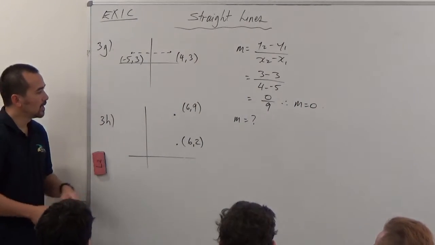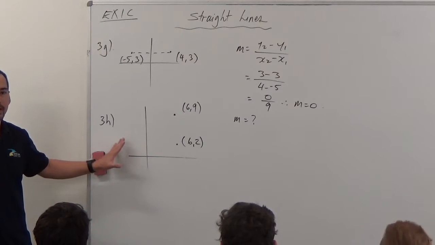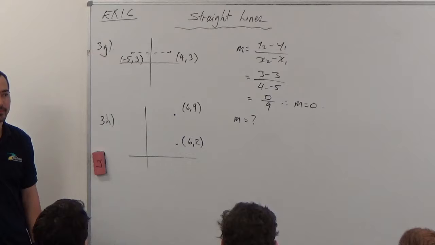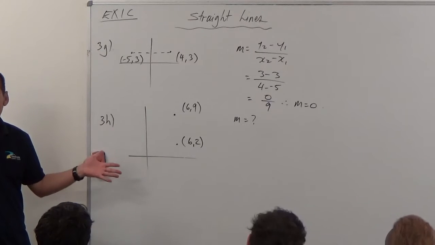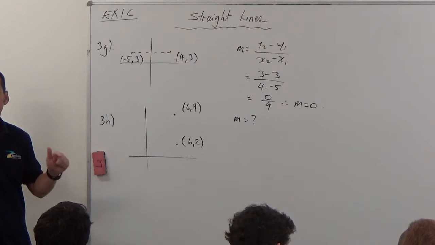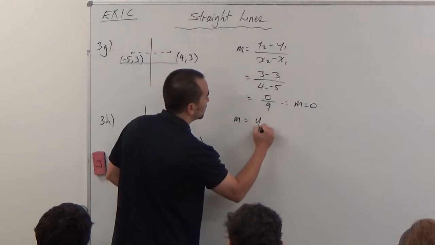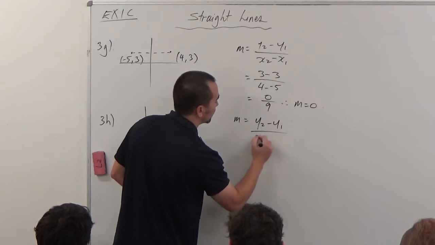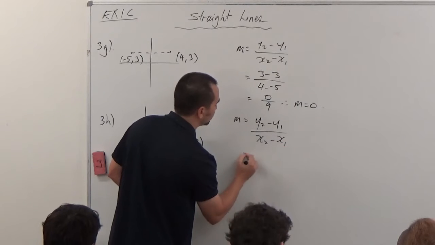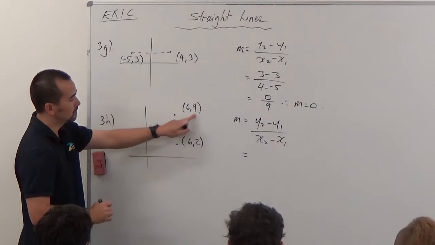Alright. What about this scenario? What's the gradient in this case? Undefined. That's right. It's vertical. By observation, it's vertical. By definition, undefined. So when we plug it into our formula, y2 take y1 over x2 take x1, we get 2 take away 9.